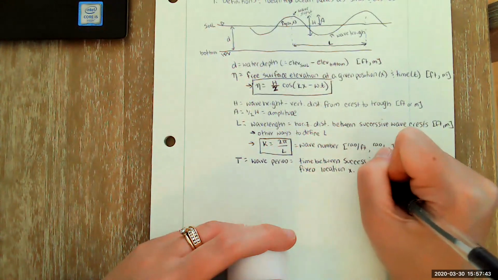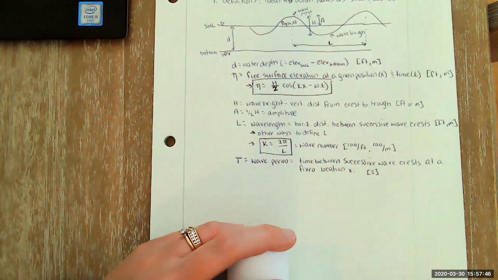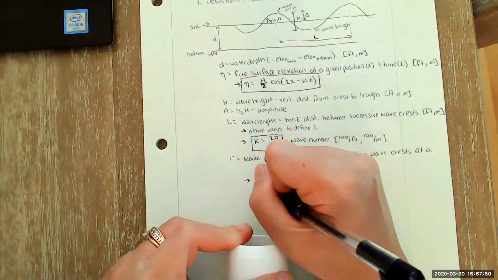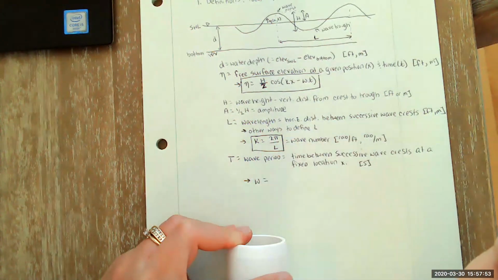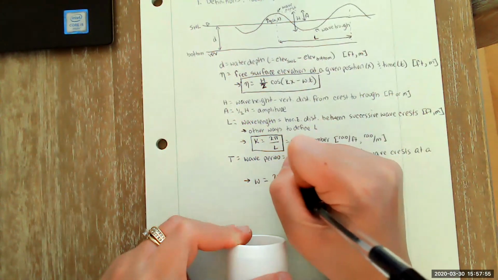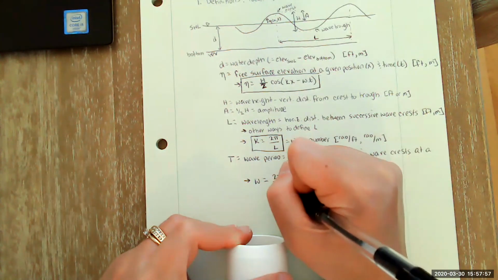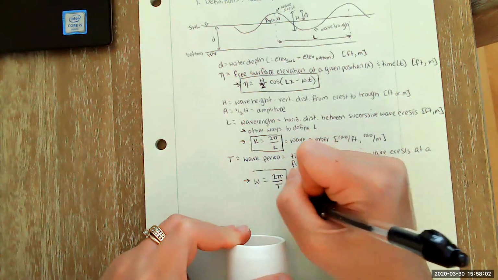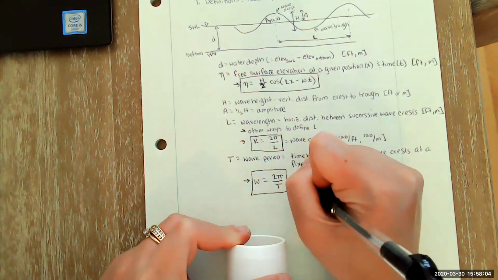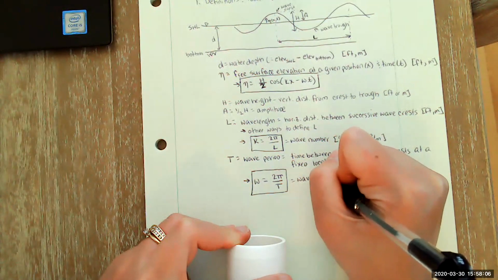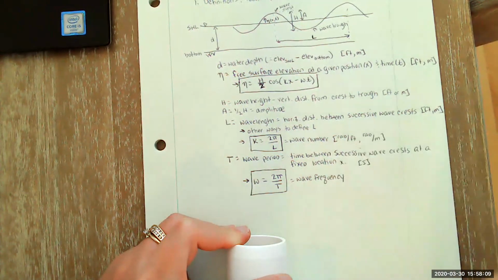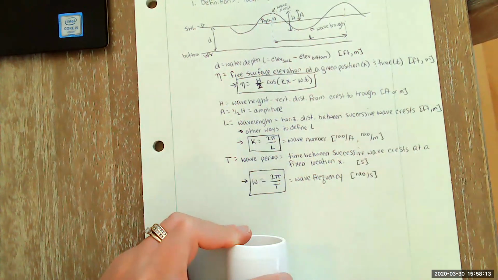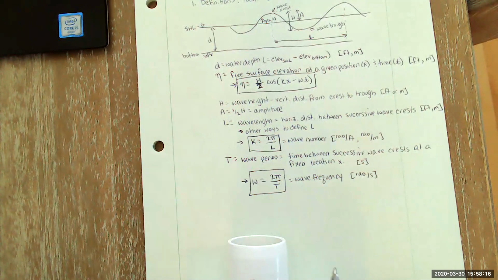The units of your wave period, of course, will be in seconds. And sort of similar to the wave number, we can define our wave frequency, omega, is equal to 2 pi divided by T, which is equal to our wave frequency. And the units of this will be in radians per second, or you might see 1 over seconds because sometimes radians is considered units.